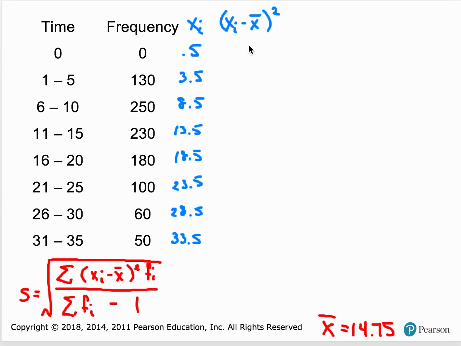Okay, so I'm going to have 0.5 minus 14.75, and then I'm going to square that. 203.0625.